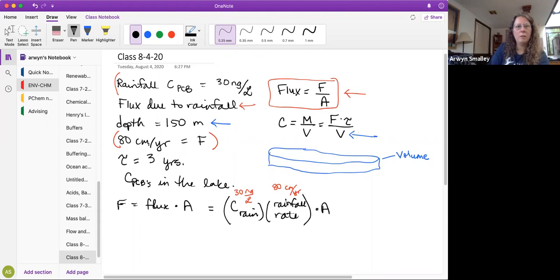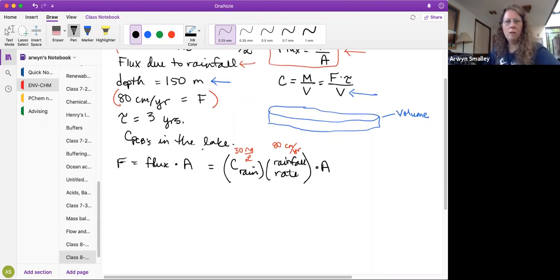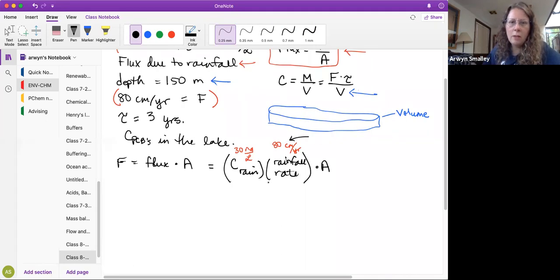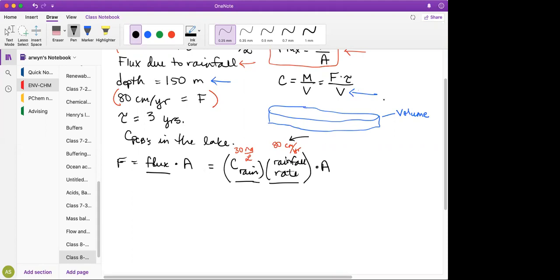No, this is centimeters, not cubic centimeters. If it were cubic centimeters, then that would be a good plan. But this is a distance, and that's why we can use it here with the flux, because the flux was equal to the concentration times the distance that the concentration moved, and that's this 80 centimeters per year thing. Yeah, but none of those units are going to cancel out.